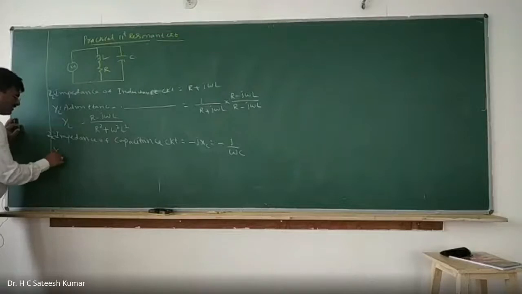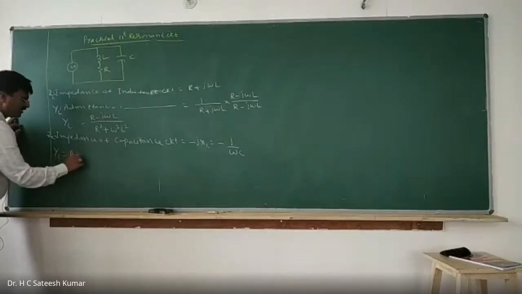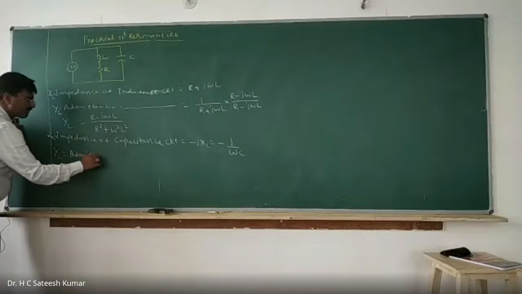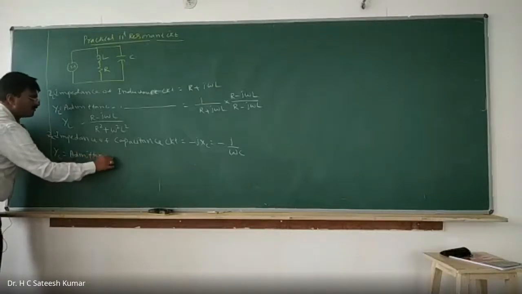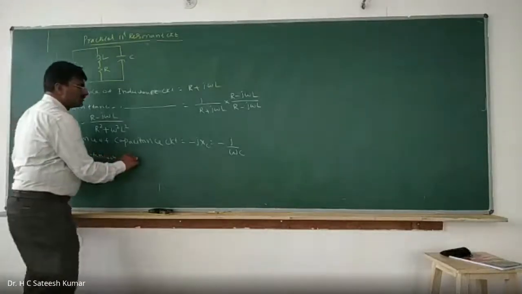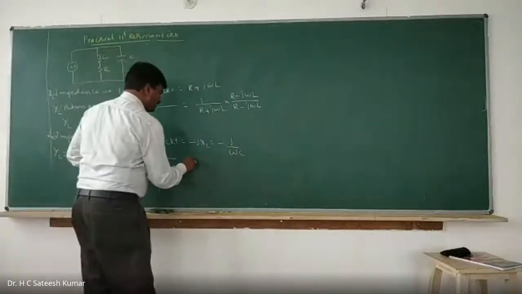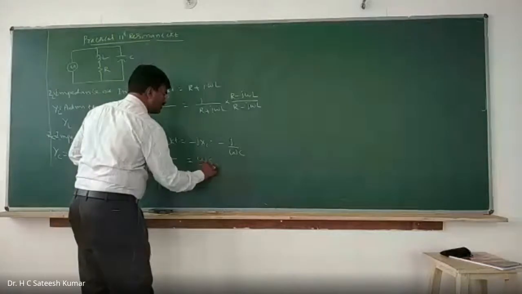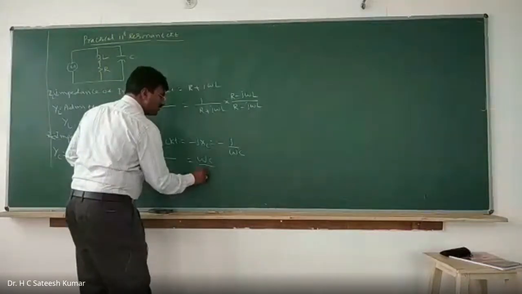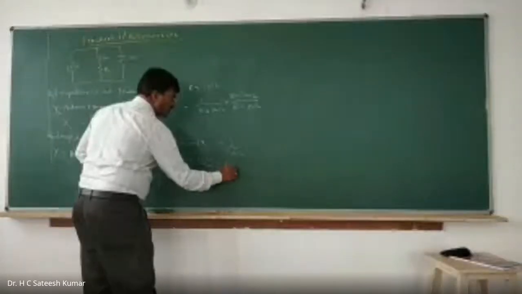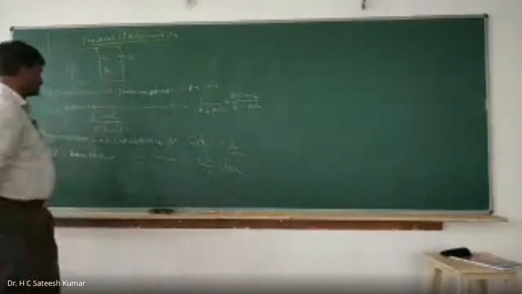Therefore YC, the admittance of the capacitance circuit, is the reciprocal of it, omega C divided by minus j. When you take the minus j to the numerator, you get j omega C.